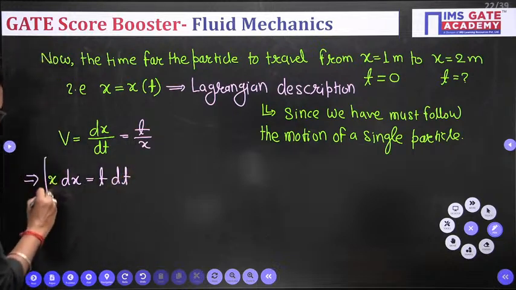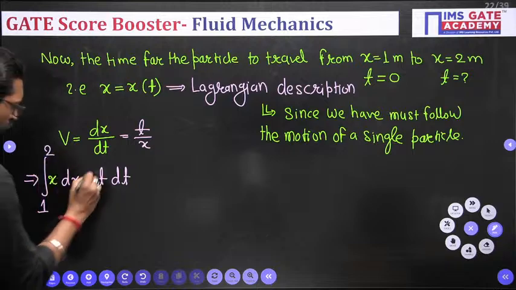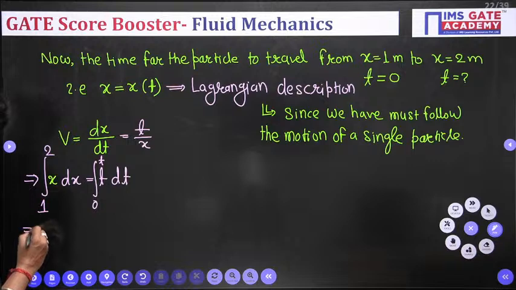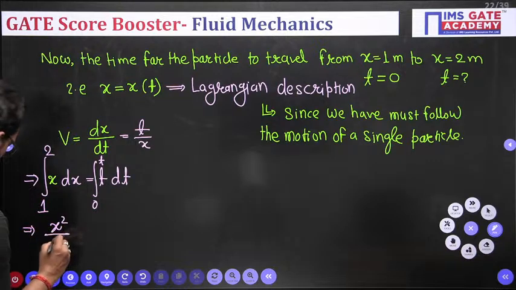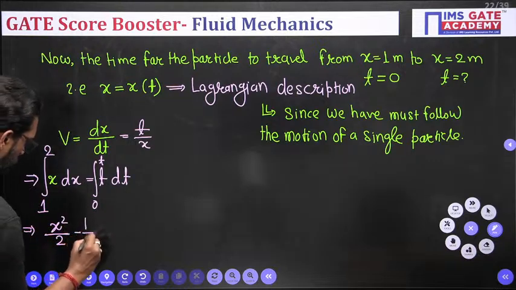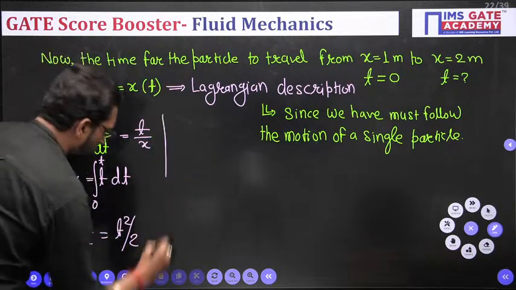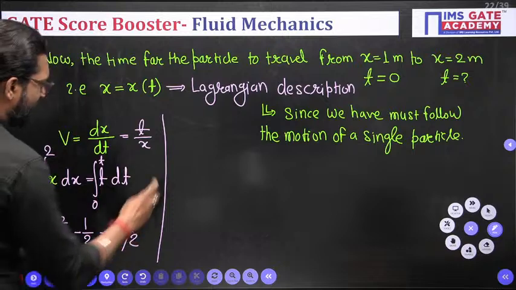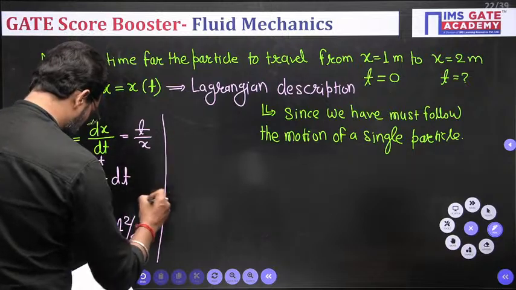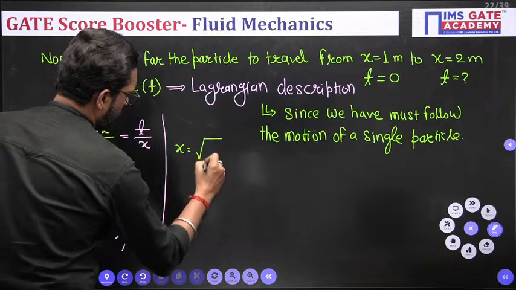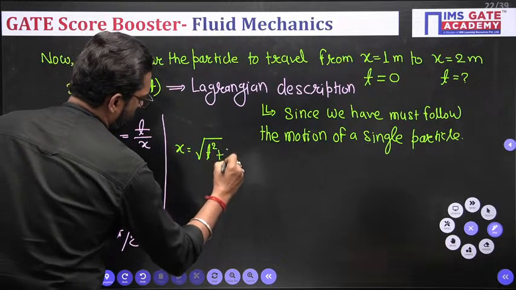Now you have to integrate, x from 1 to 2, t from 0 to t. So x square by 2 minus 1 by 2 is equal to t square by 2. From that, x is equal to root under t square plus 1.